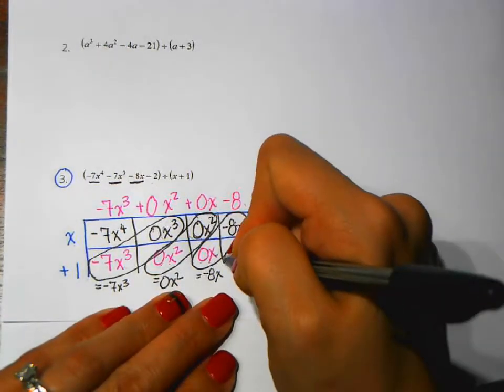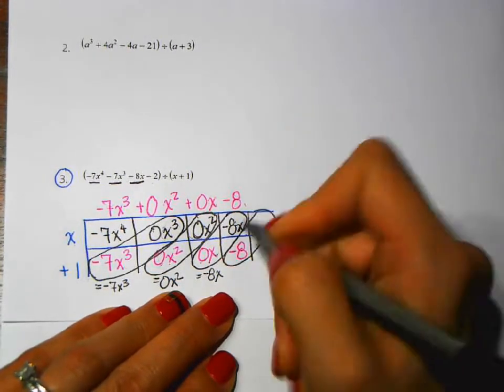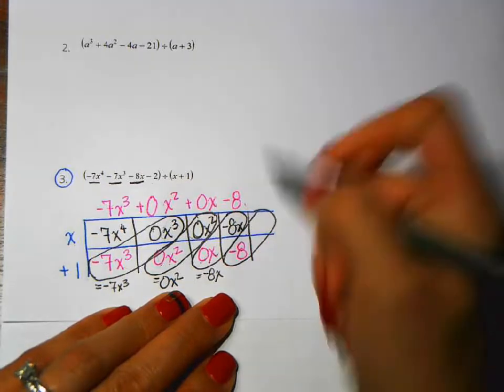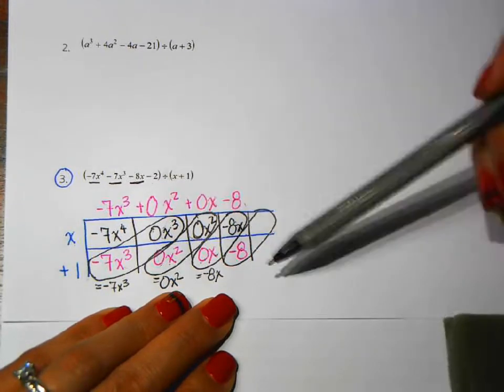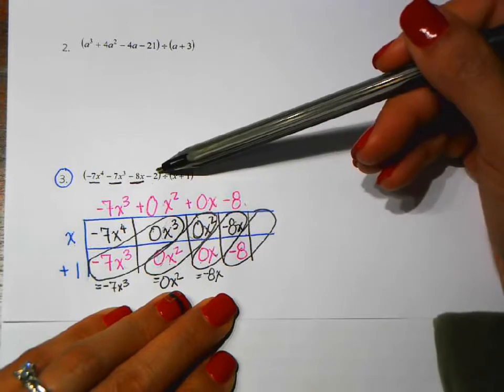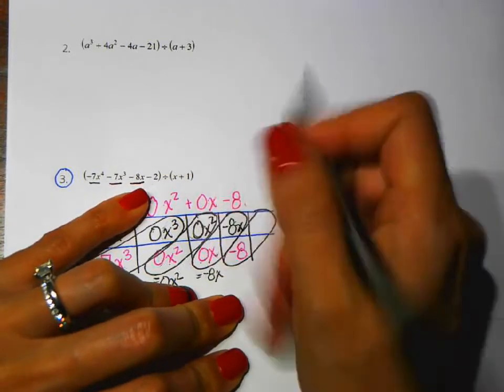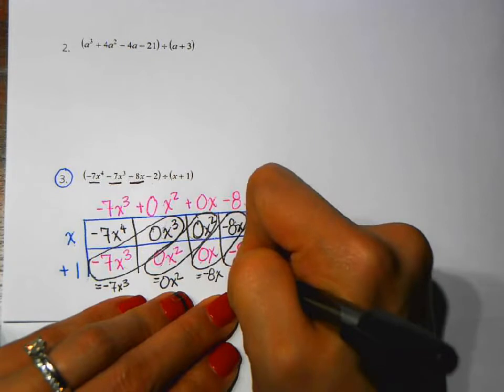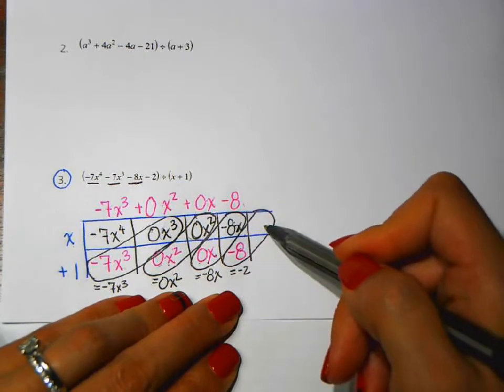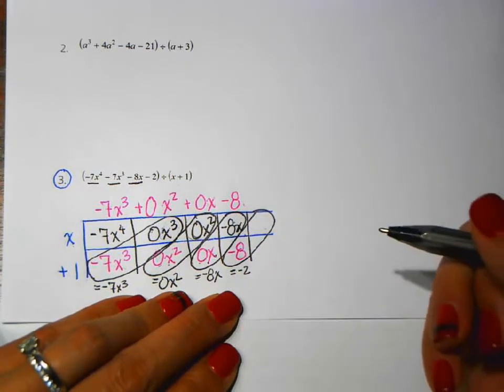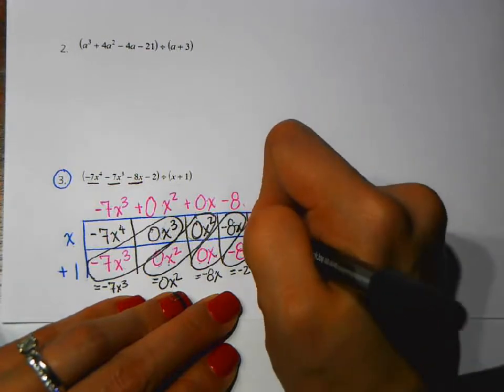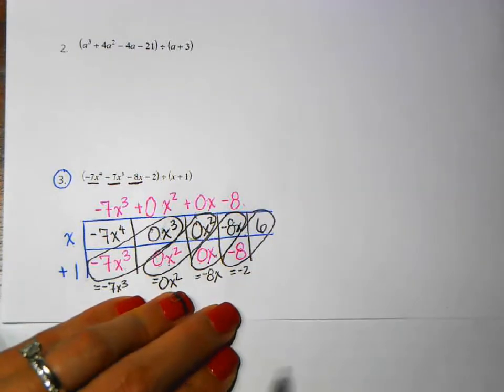Looking at like terms on the diagonal, negative 8 plus what? And I'm looking at the last one. This is a constant, so I'm looking for a constant that adds up to negative 2. Negative 8 plus what equals negative 2? Negative 8 plus 6 equals negative 2.